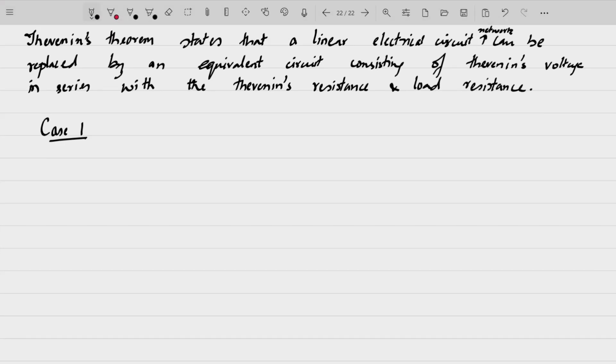So let's continue. We have the statement of Thevenin's theorem. Now, how to solve for it? We'll be discussing two cases. One is without dependent sources, and the other is with dependent sources.